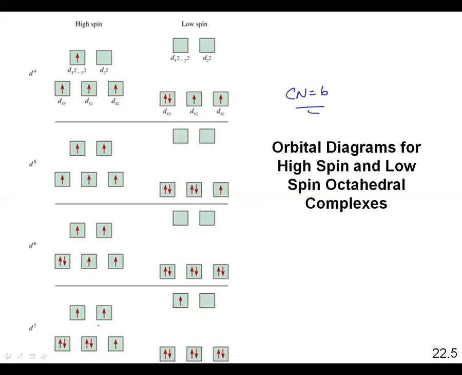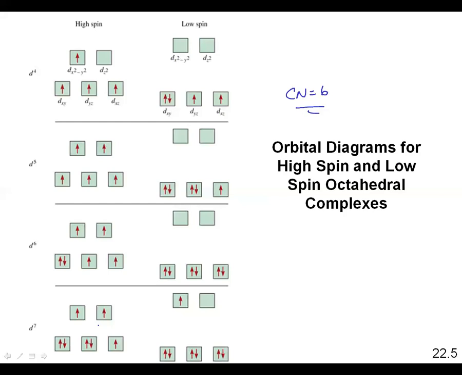That occurs sometimes where it doesn't really matter which way it occurs. Whether you do it high spin or low spin, you'll end up with the same number of unpaired electrons. Everything will be the same. And in certain cases like that, they won't tell you. So that usually will mean that you could probably choose either one and it will probably come out the same.